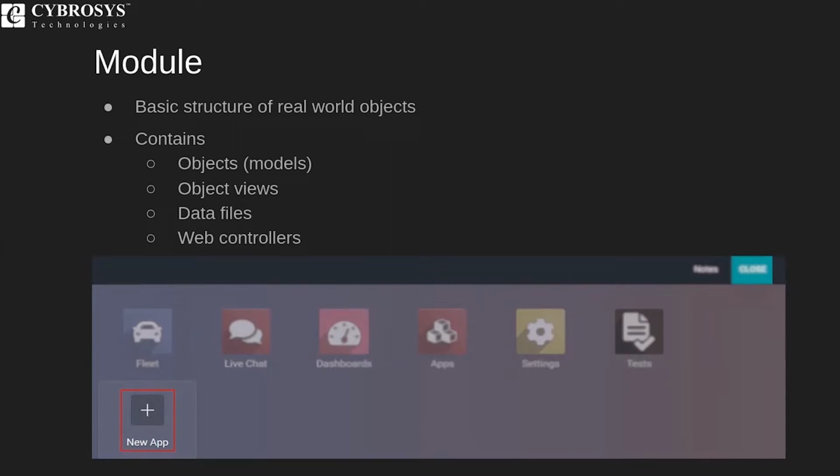We can also define the views of these objects, like list view, Kanban view, etc. We can also have data files, since we will need to add some default data into some models, and that can be done using these modules. And there are web controllers. Web controllers are the controllers which help in managing these models, which we can see in the coming slides.